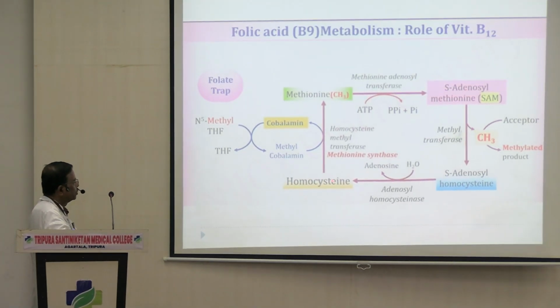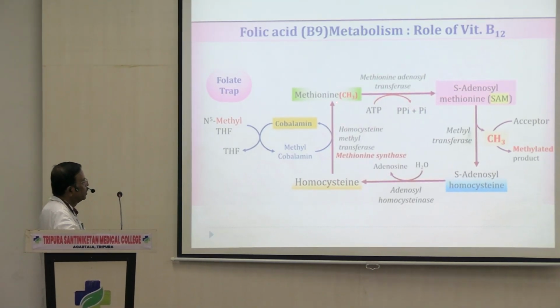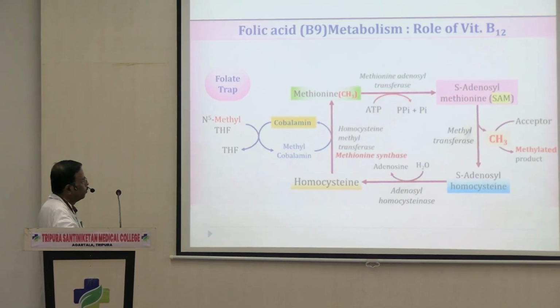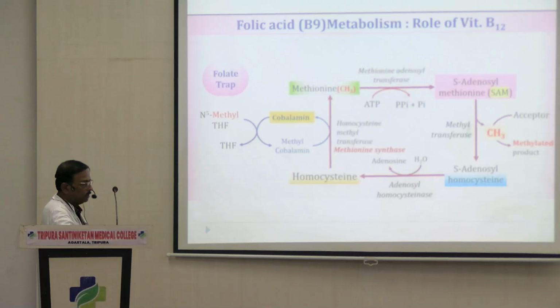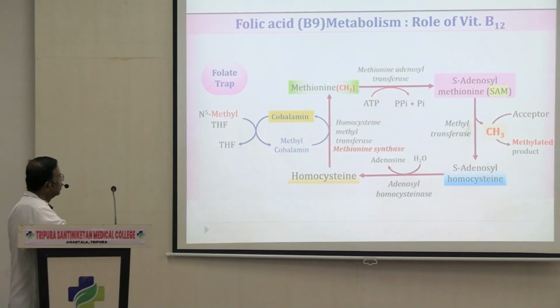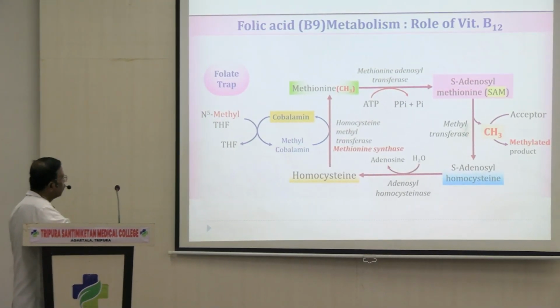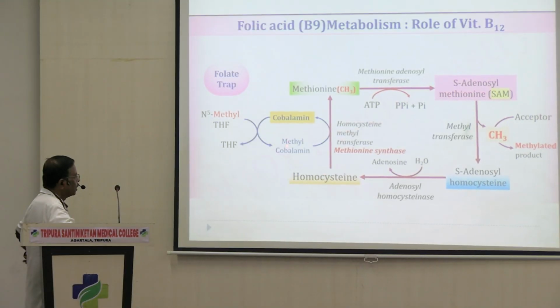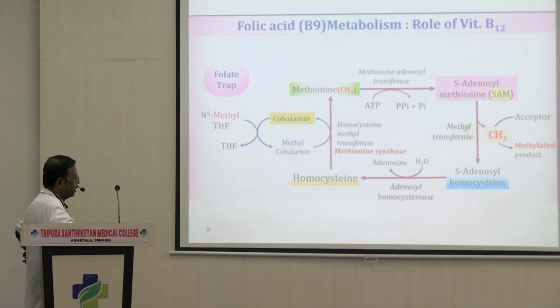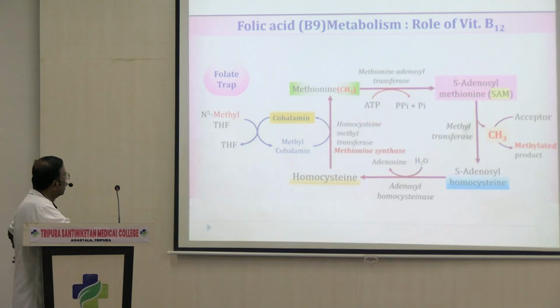Here, homocysteine is converted to methionine with the help of homocysteine methyl transferase or methionine synthase. Now here what happens is that the methyl group is donated by methyl cobalamin and it becomes cobalamin.